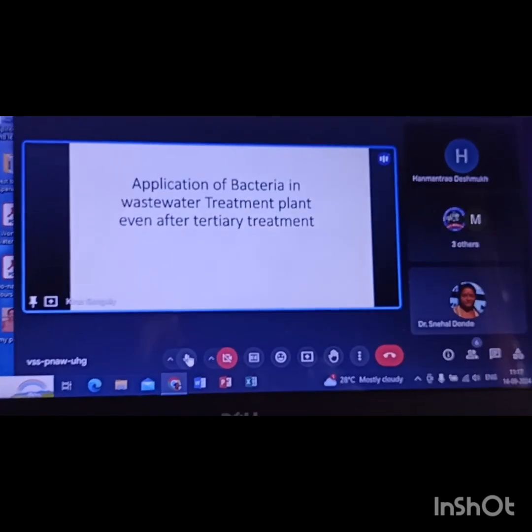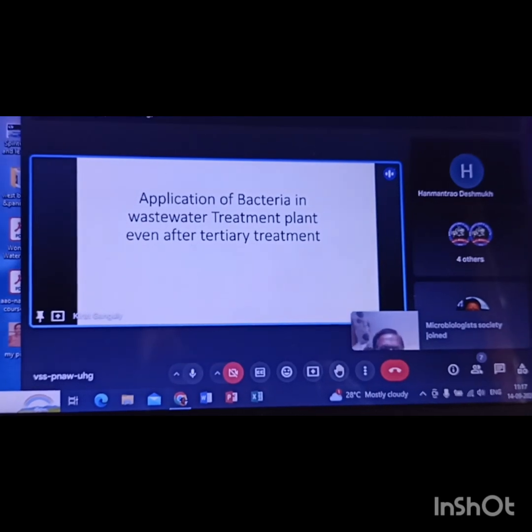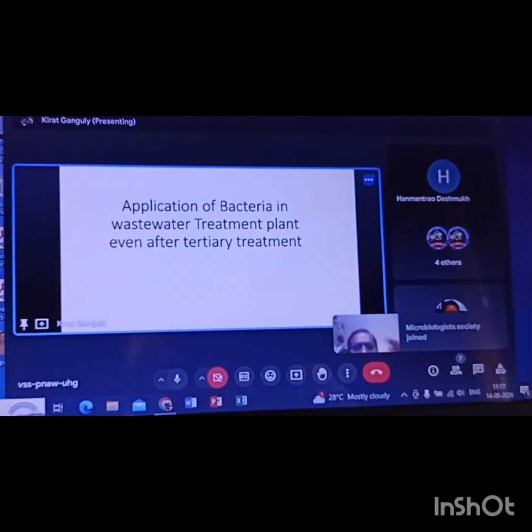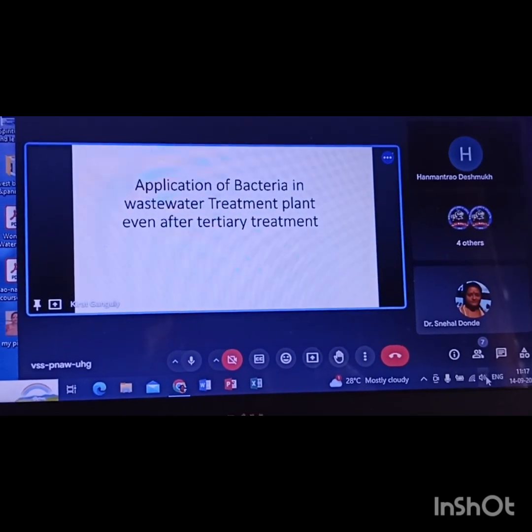So the initial work was in Durgapur. In Durgapur, there is a huge problem about the industrial belt wastewater treatment.